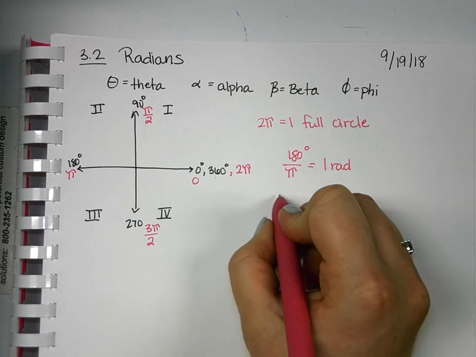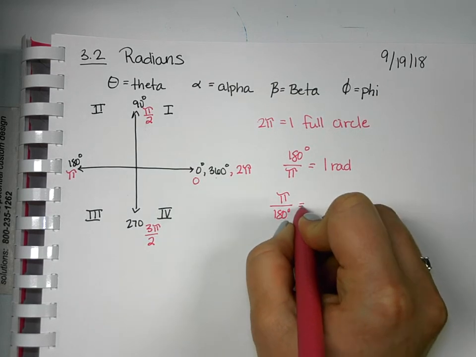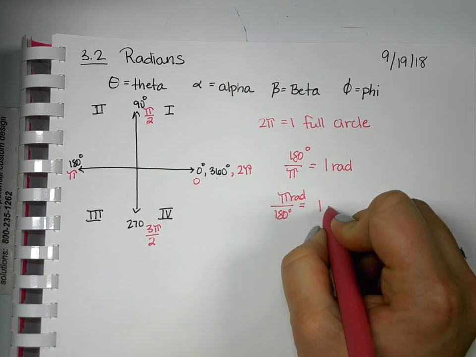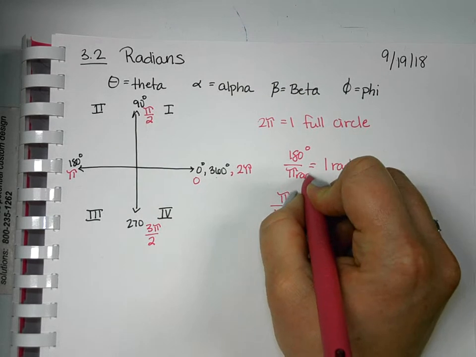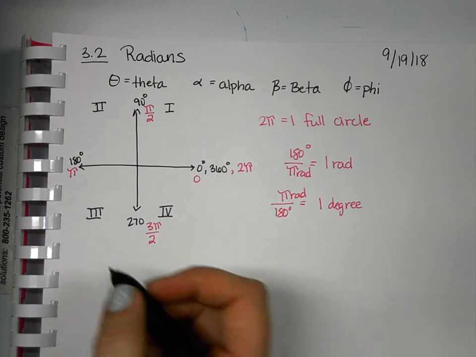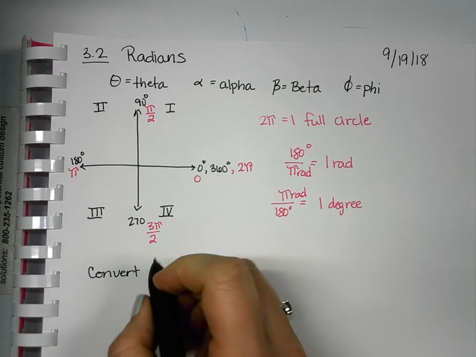And vice versa, pi radians over 180 degrees is equal to 1 degree. These are our two conversions that we'll use to convert a degree to a radian or a radian to a degree. That's what we're going to do first. I know you guys have done this before, but we're going to go over a couple to make sure we remember how to do it.